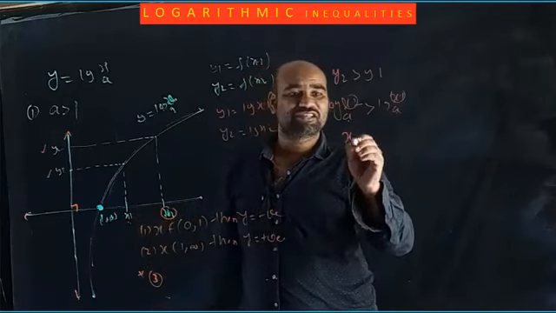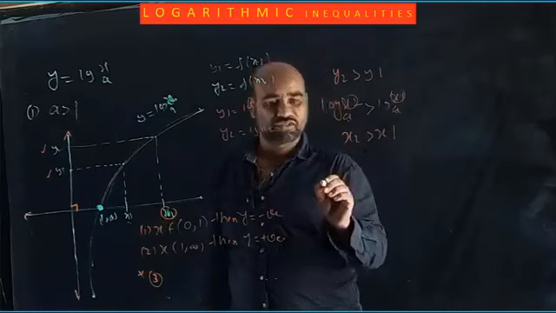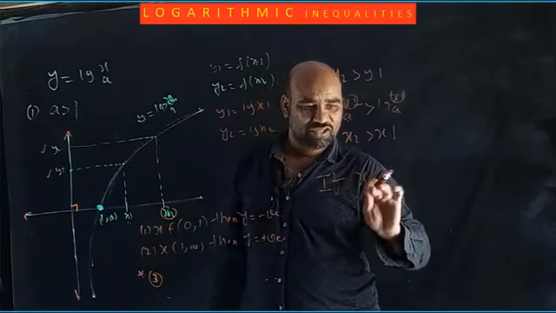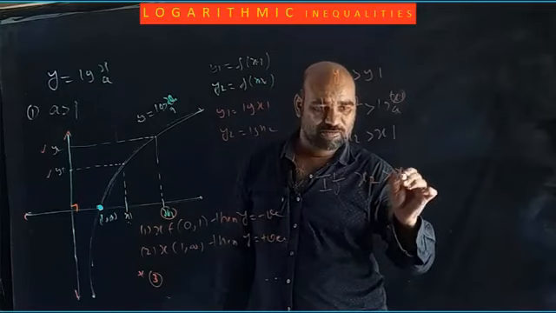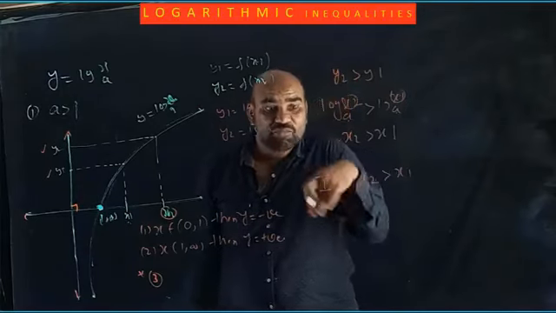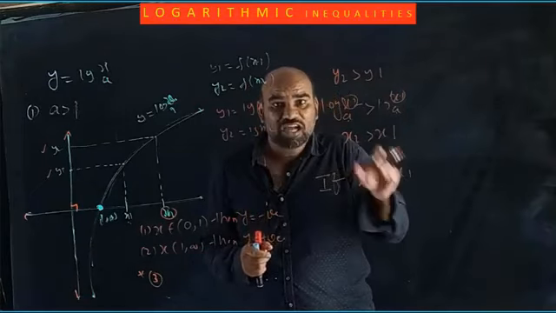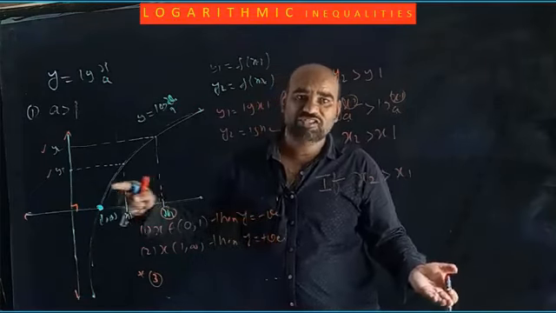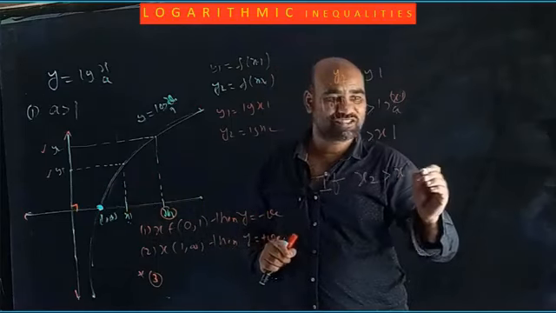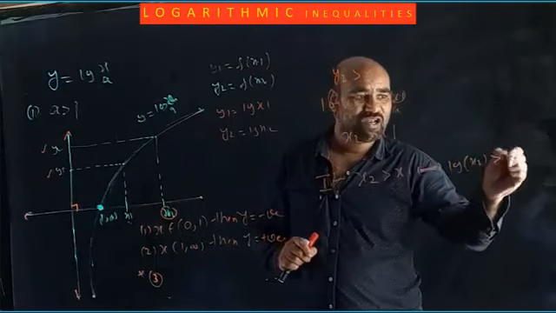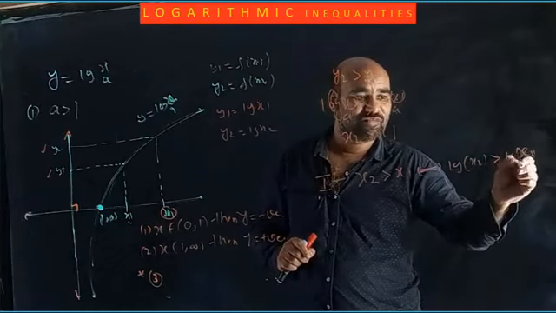So if x2 is greater than x1, what about the logarithm of x1 and the logarithm of x2? We want to find the relationship between the logarithm of x2 and the logarithm of x1 with the base a, which is greater than 1. This gives that the logarithm of x2 is greater than the logarithm of x1 to the base a.